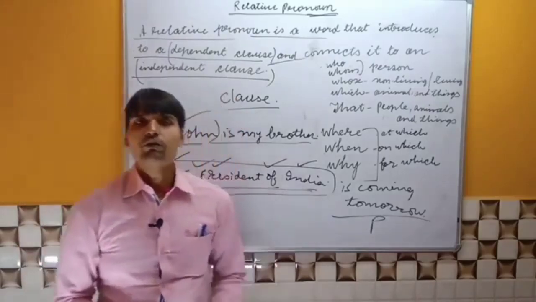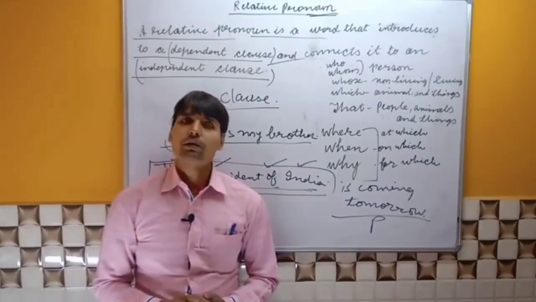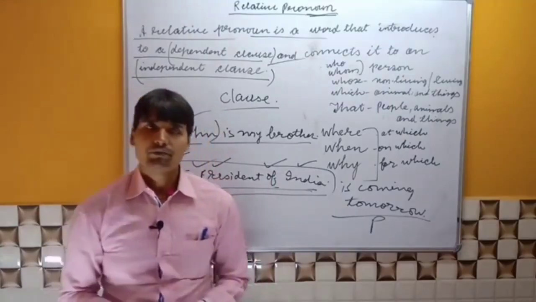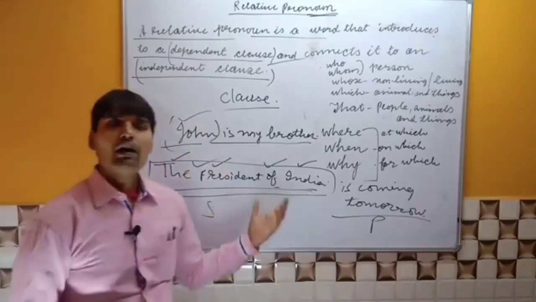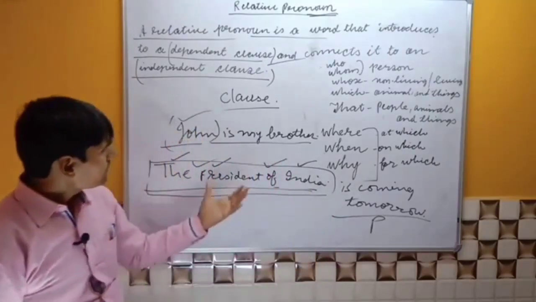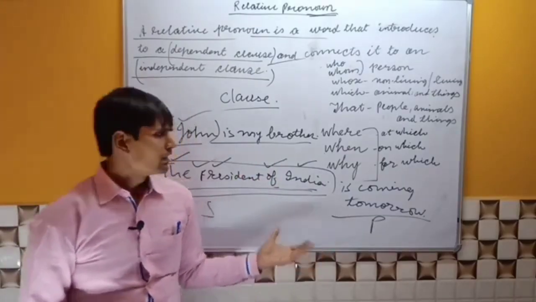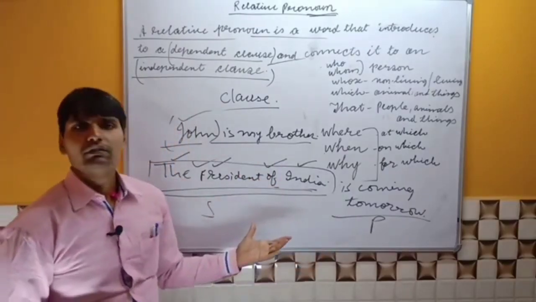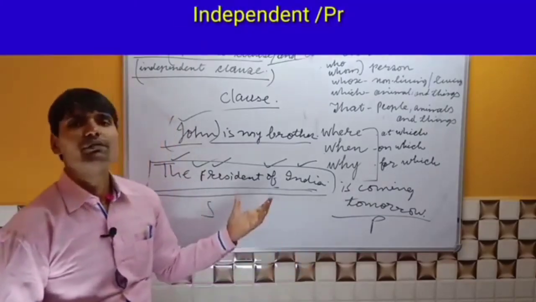Now let's move forward towards dependent and independent clauses. What are the differences between the two? What I have written here are independent clauses. Why? Because they are complete in their meaning. They don't require other sentences to complete the meaning.